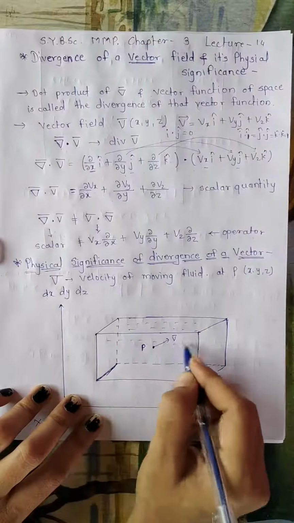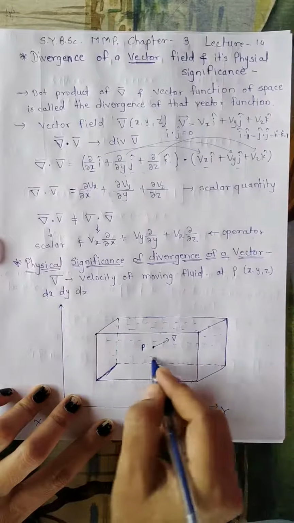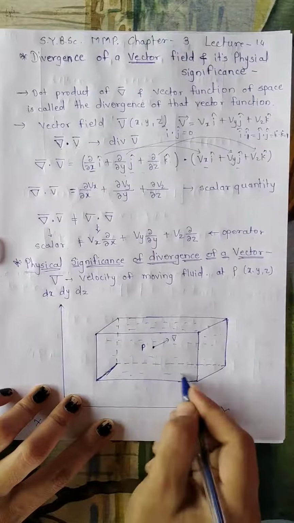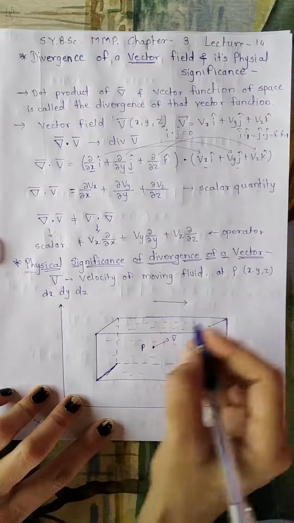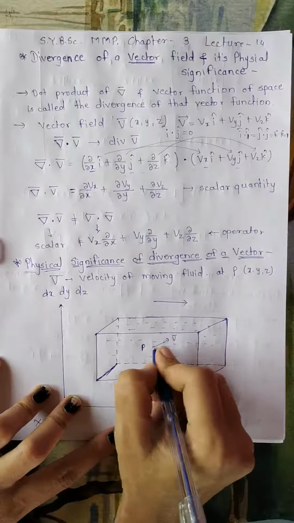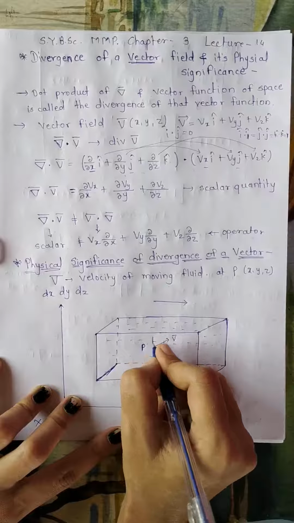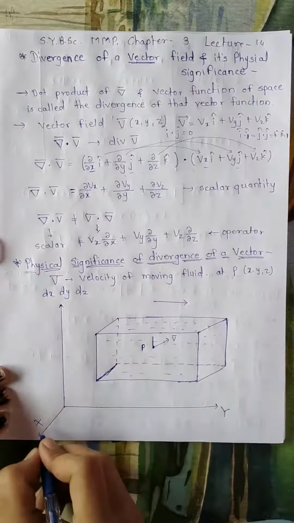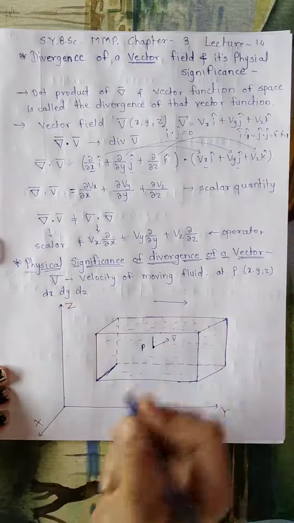So this parallelopiped is filled with the fluid, which is flowing in this direction. If you consider these directions, this is x, this is y, and let's say this is z.